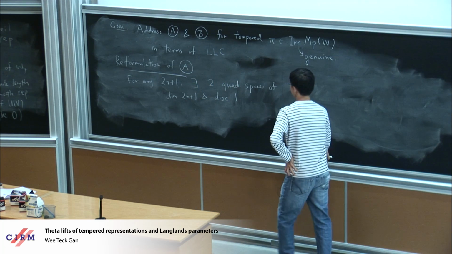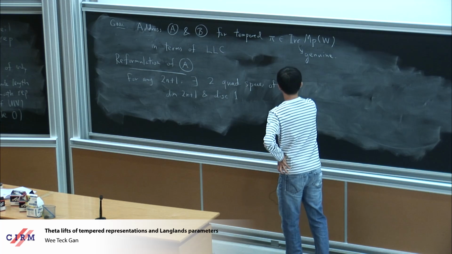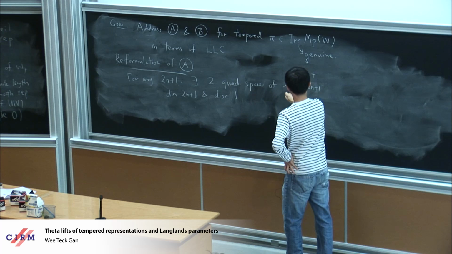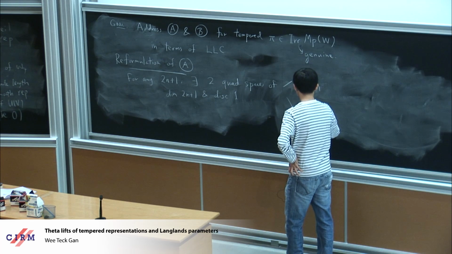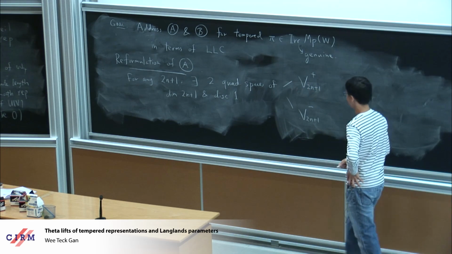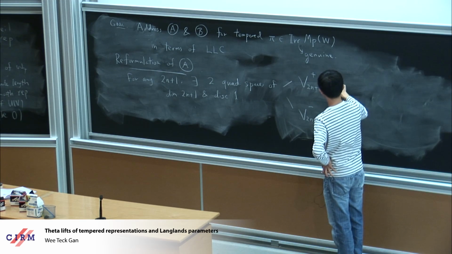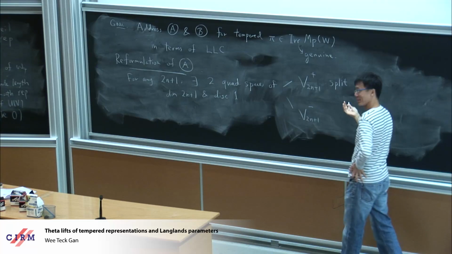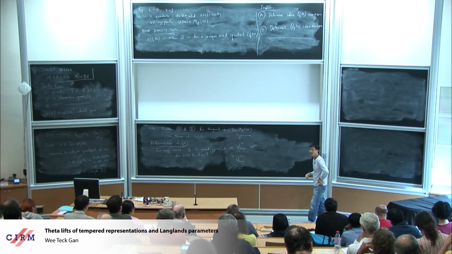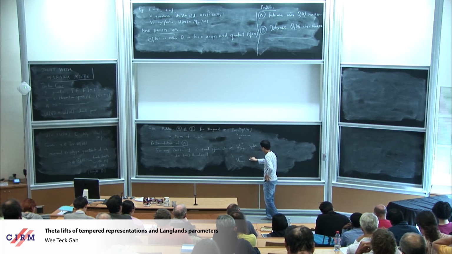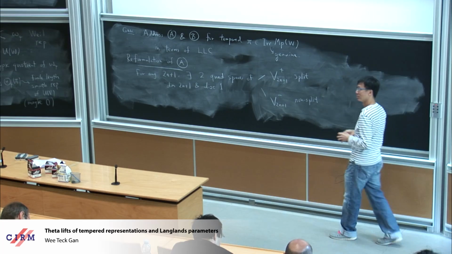So what are they? Maybe I will write them like that: plus and minus. This is the split quadratic space, so it has a maximal isotropic subspace of dimension n. The other one is non-split.